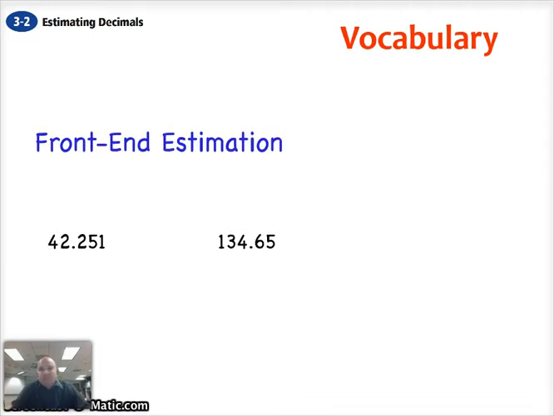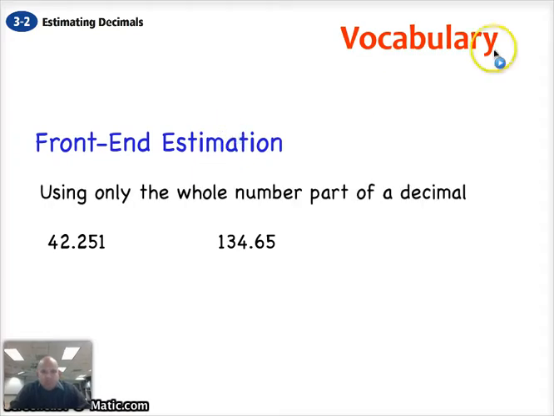Next, we have some front-end estimation. Now this is part of estimating range, but let's look at this specifically. What's the front-end estimation part? Well, this is only using the whole number part of a decimal.